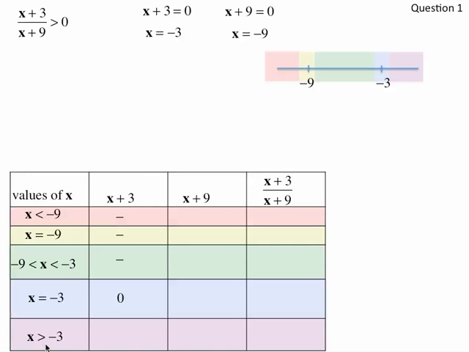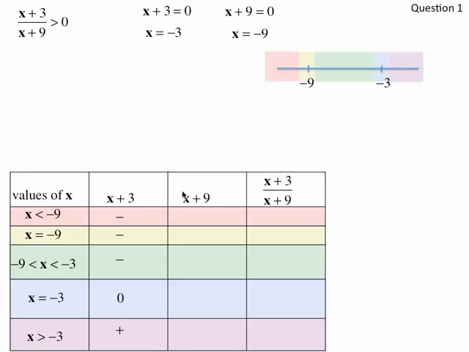When x is greater than negative 3, like when x is 0, 0 plus 3 is 3, which is positive. It works for any value greater than negative 3, like negative 2: negative 2 plus 3 is positive 1, which is positive. We do the same for x plus 9.